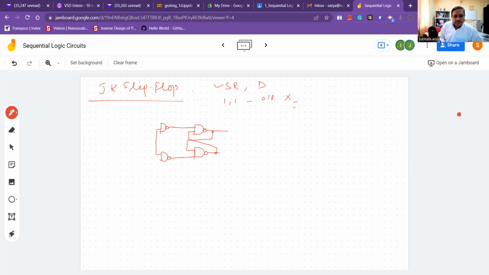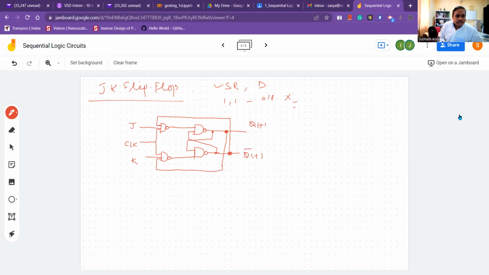The only difference is that there is a feedback. The output of this NAND gate is connected to the input of this NAND gate, so in this way it is a cross feedback. And now we can give two more inputs, J and K. So this is the circuit diagram of the JK flip-flop. Here Q(t) and Q(t) bar are the two outputs.